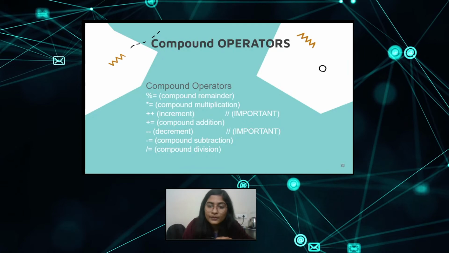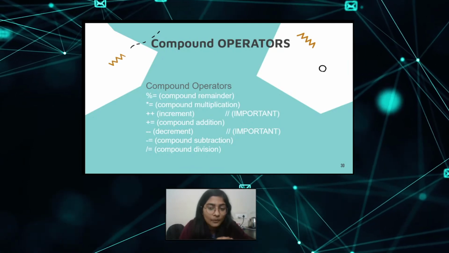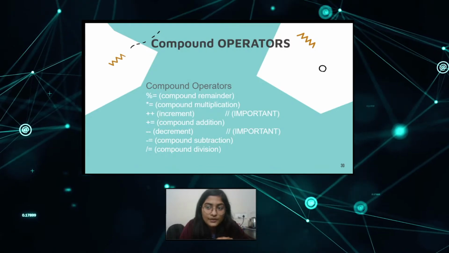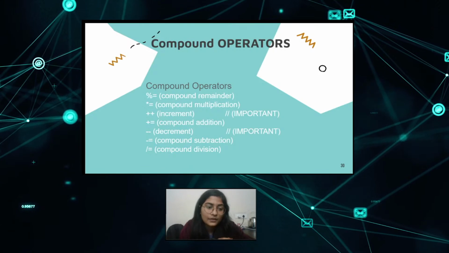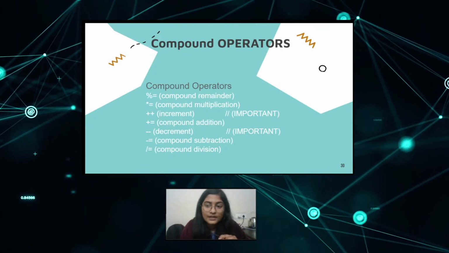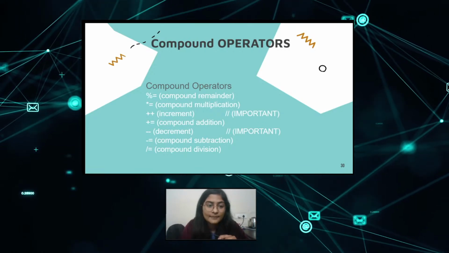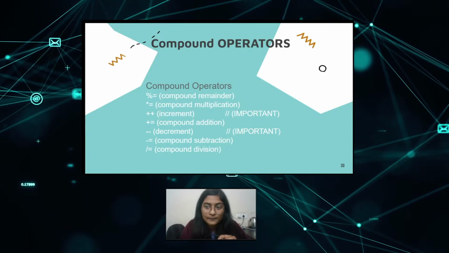Okay, yes, the zeros are correct, because when a equals to 10 and we write a mod equals to 5, the value of a will be 10 mod 5. That is, when you divide 10 by 5, what do you get as the remainder? You get 0. So yes, that's 0. Same goes for compound multiplication, division, addition, and subtraction as well.